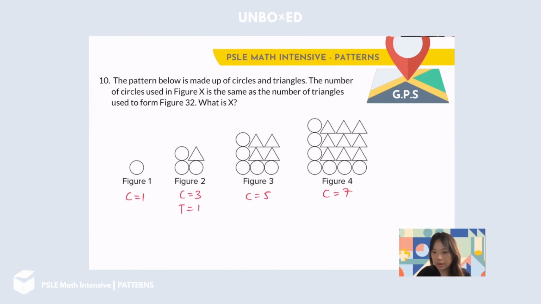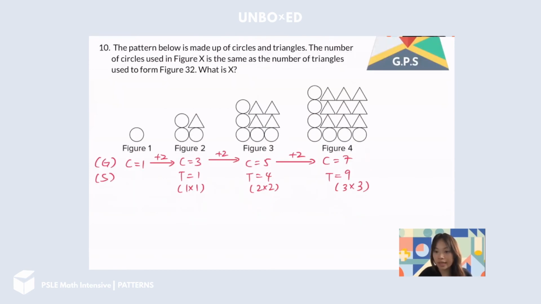Triangles is 1, 4, 9. So one of them is gaps, the other is pair up or square. Square numbers, because this is 1 times 1, this is 2 times 2, this is 3 times 3. So you know that it is 1 less than the figure number.